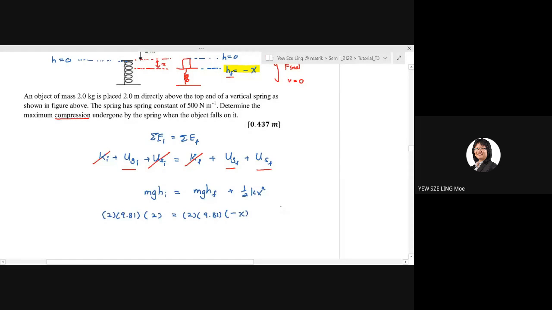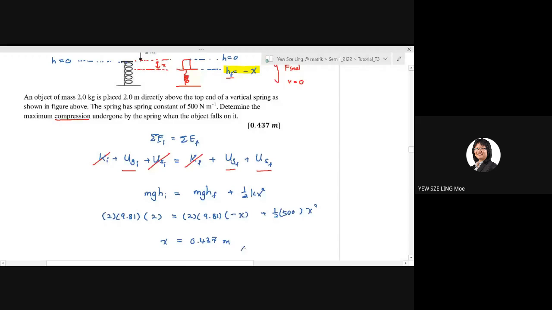It is a negative value. Plus 1 over 2 times 500 x squared. So your equation is now left with just one unknown, which is x. Rearrange the equation and solve it. Eventually, you will get x equals 0.437 meter. So that is our final answer.